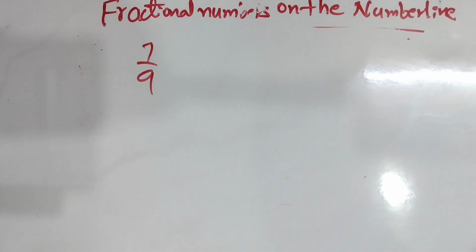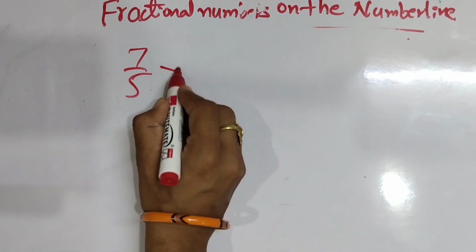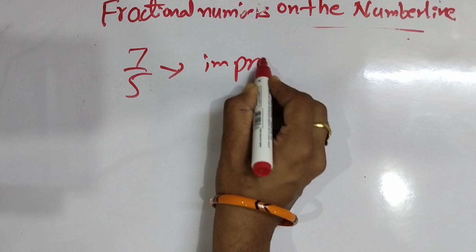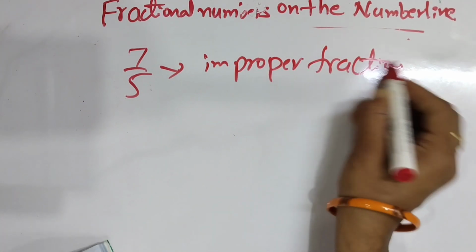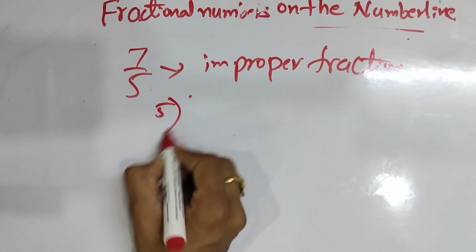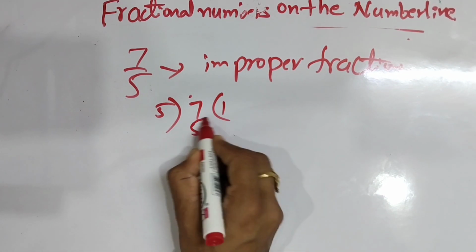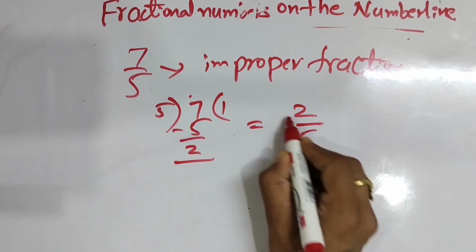Then 7 by 5. This is an improper fraction, so we are going to divide the numerator by the denominator. We get 5 ones are 5, remainder 2.